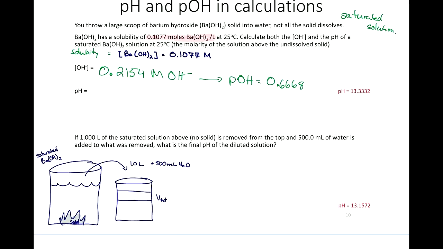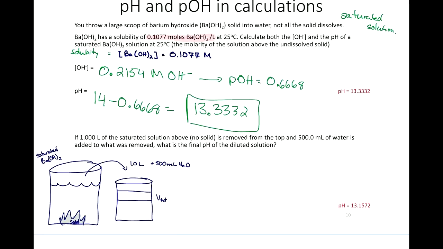And so to get our pH, it is 14 minus that small number we got. So our pH is 13.3332. So yes, in fact, this solution is quite basic because there's a lot of barium hydroxide dissolved, all right? And so barium hydroxide is another example where each formula unit gives up 2 hydroxides to aid in pH calculations.